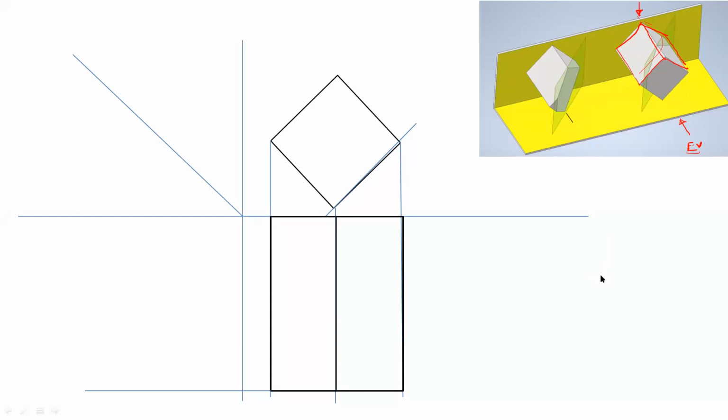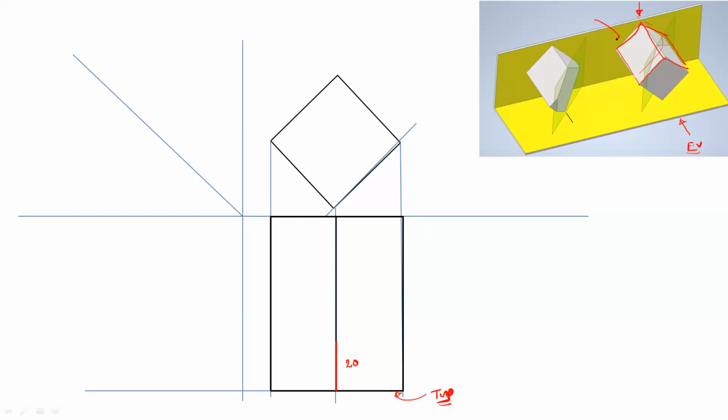Now we will show the position of the section plane. The section plane is inclined at 40 degrees with respect to the vertical plane, and it is passing through the point 20 mm with respect to the top base. So this is your top base, because the bottom base is resting on the horizontal plane.